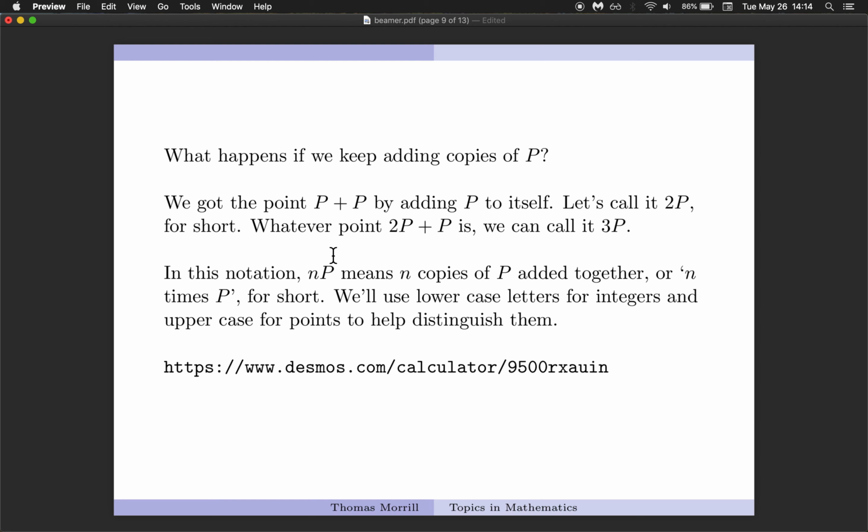So 1 copy of P would just be P, 2 copies of P would be 2P, n copies of P added together would be nP, or you could call it n times P, because you're a computer scientist, you don't want to get confused about that kind of stuff. But this will be the notation that I use.